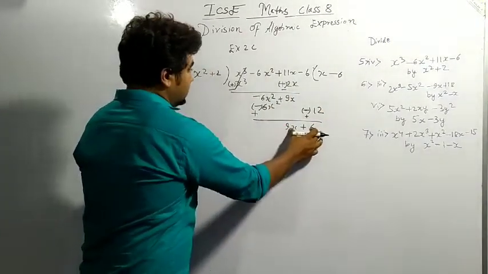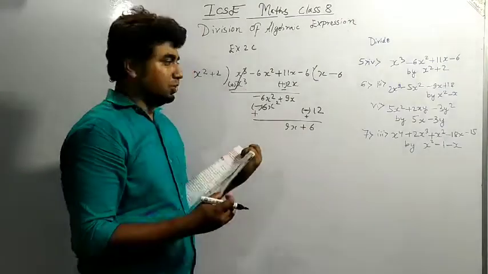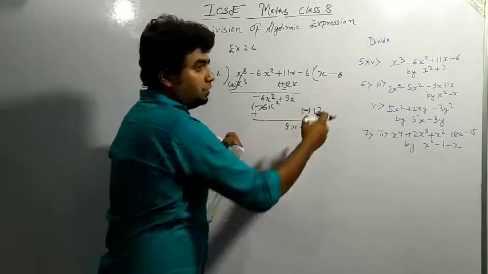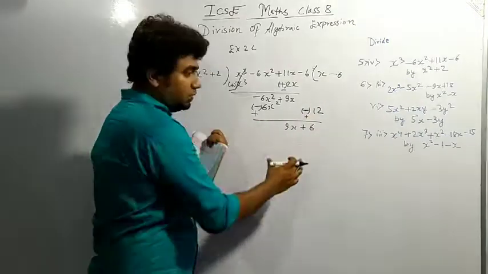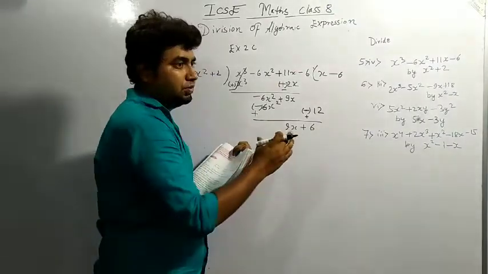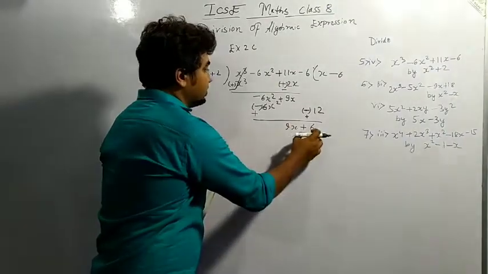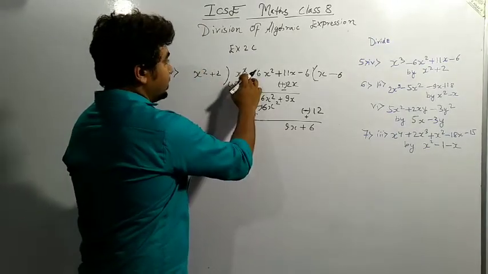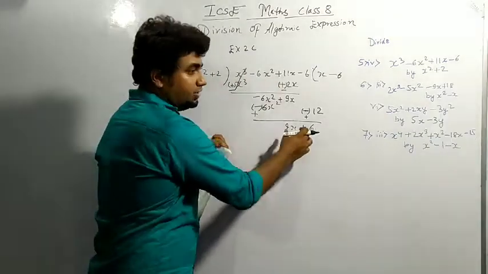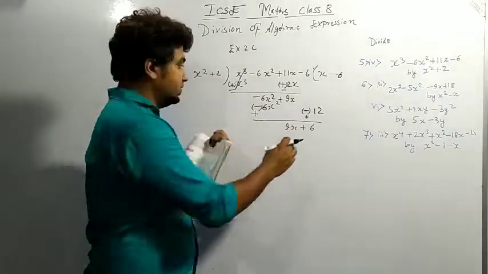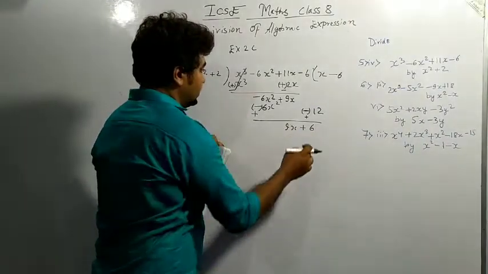This is what remains as the remainder, because if I multiply with anything, an x square term will come. That's why we will stop up to here only. So 9x plus 6 is the remainder. As we know that the power is getting reduced, and this is the minimum power remaining, and this cannot be cancelled. So the remainder is 9x plus 6.